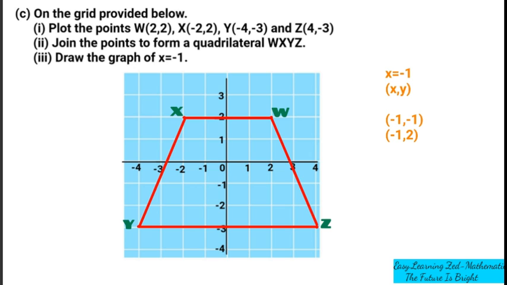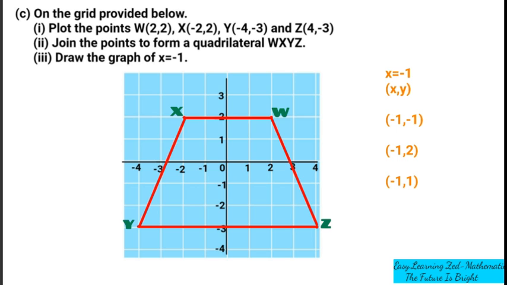We can also come up with the coordinates which are -1, 1. They also obey that instruction, draw the graph of x is equal to -1, as long as the x coordinate is -1. Whatever number is on the y-axis doesn't matter, as long as the x coordinate reads -1.